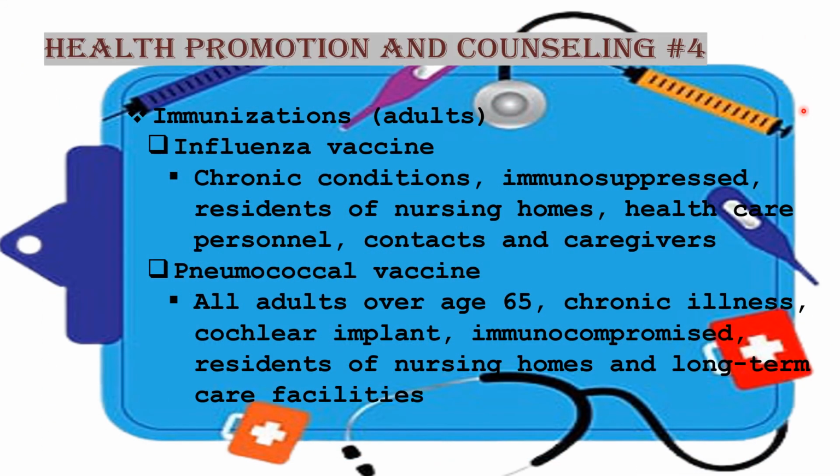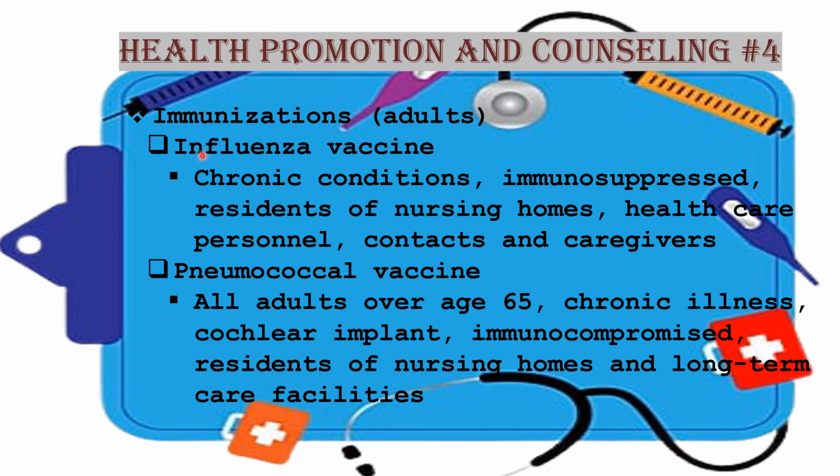You also have to encourage patients to have immunizations for adults, such as influenza vaccine and pneumococcal vaccine. Influenza vaccine helps in chronic conditions, immunosuppressed residents of nursing homes, healthcare personnel, and contacts and caregivers.